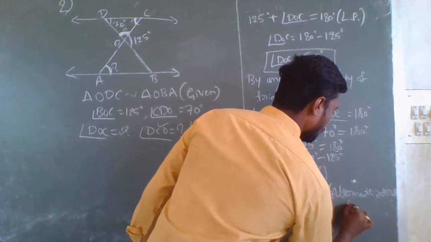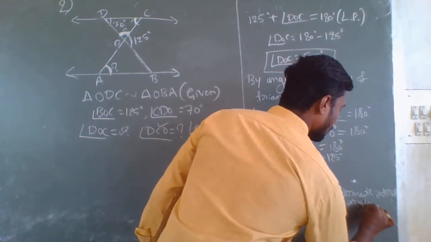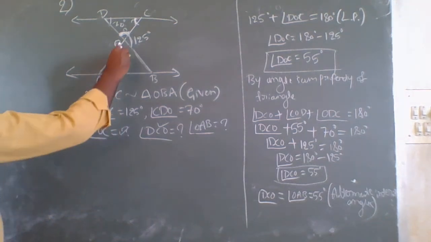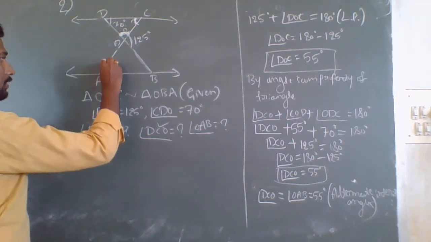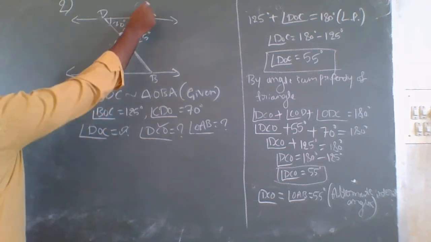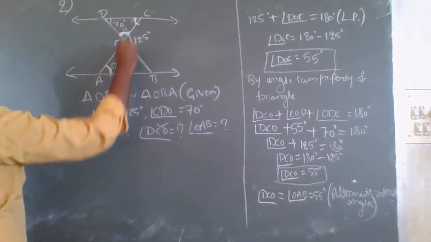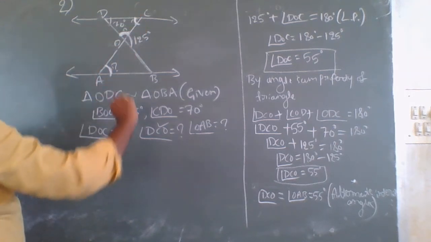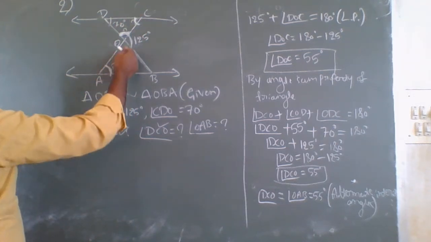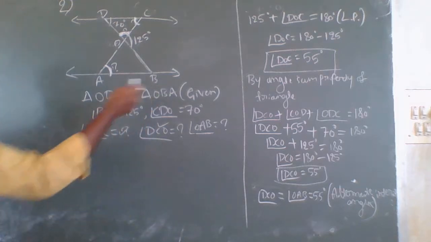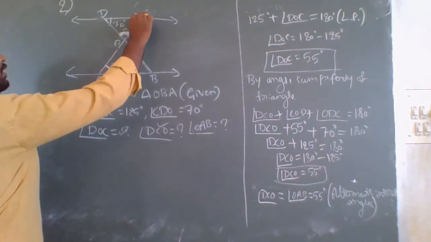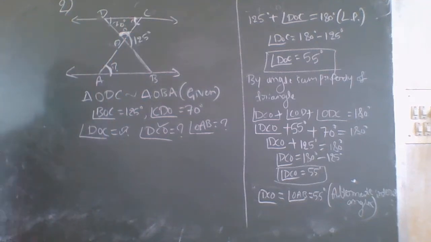Here, this angle OAB and this angle OCD are alternate interior angles.